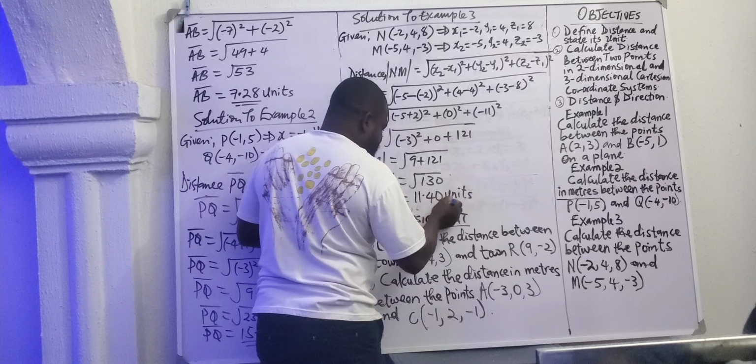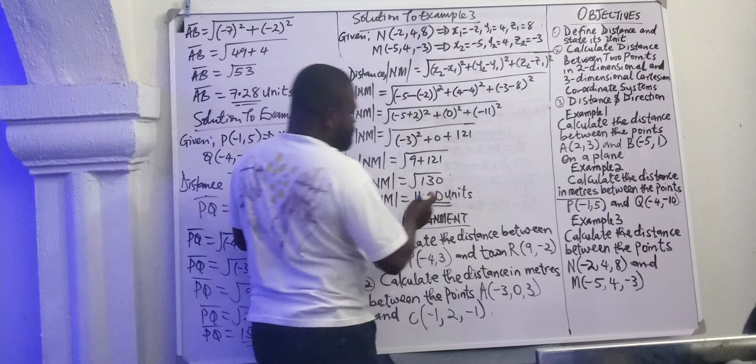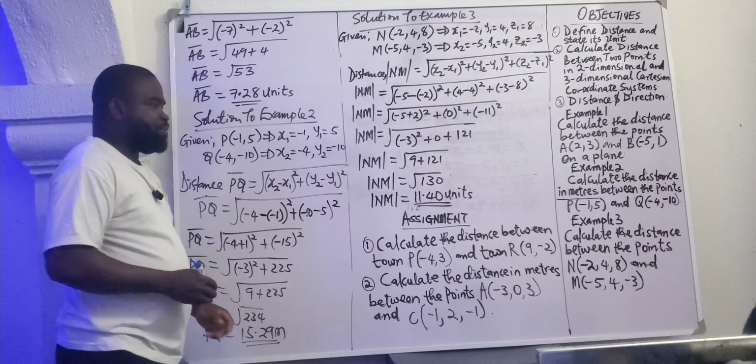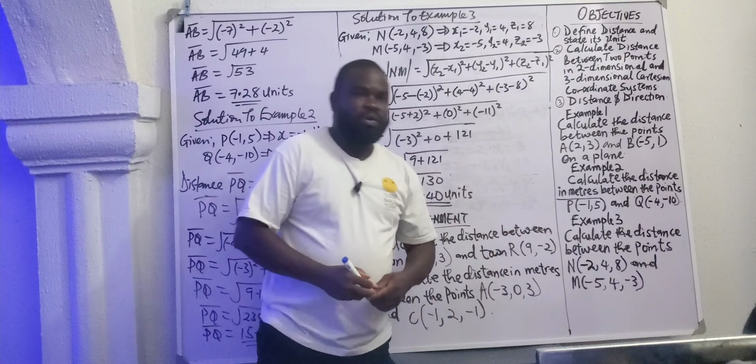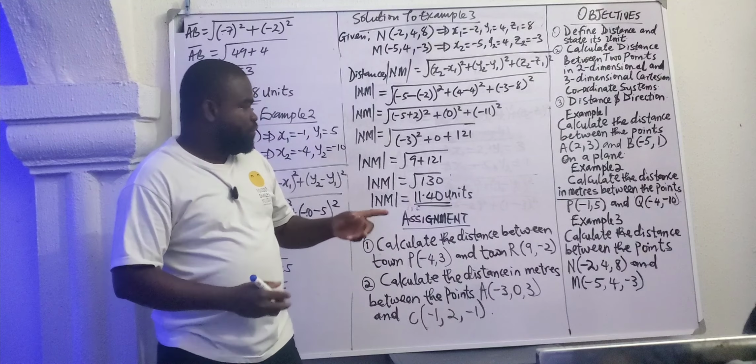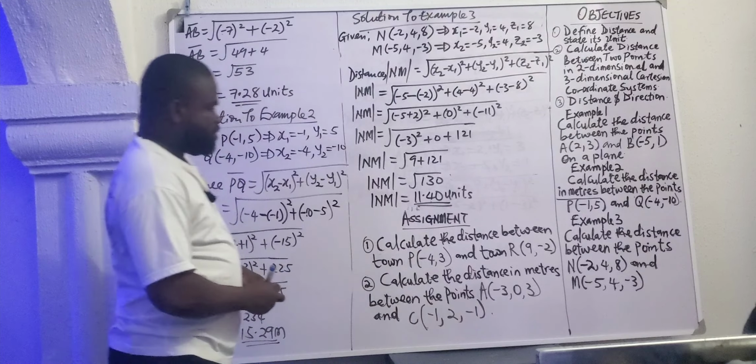I believe by now you understand the reason and when to use unit, and when to use meter. So if the question states it, find the distance in this, you have to indicate that unit. If not, you put a unit. Good and fine.